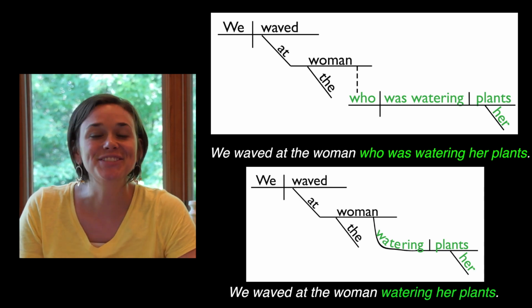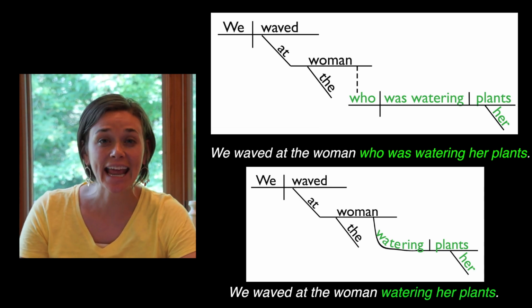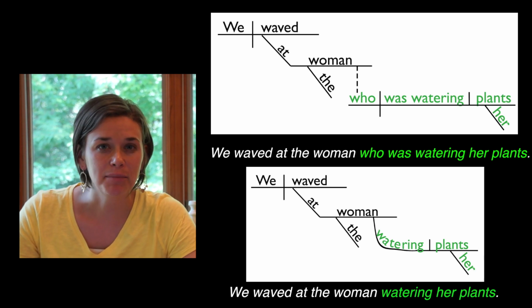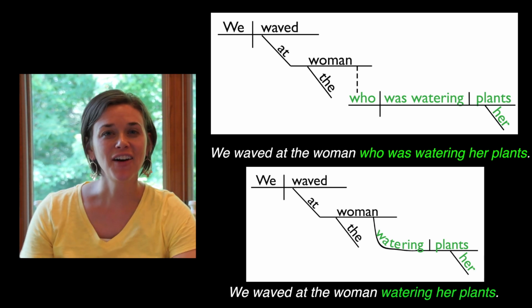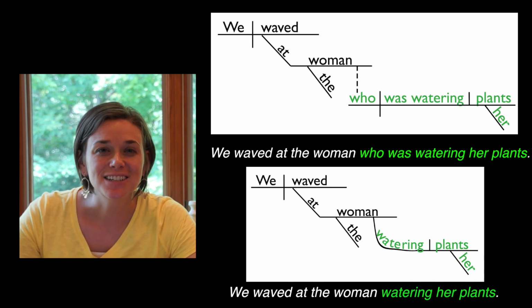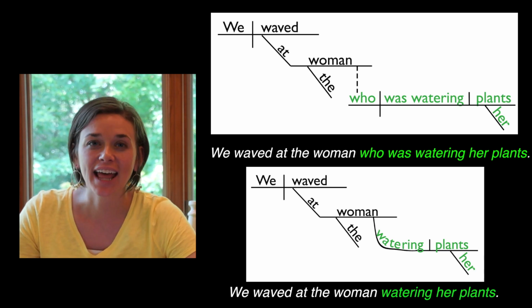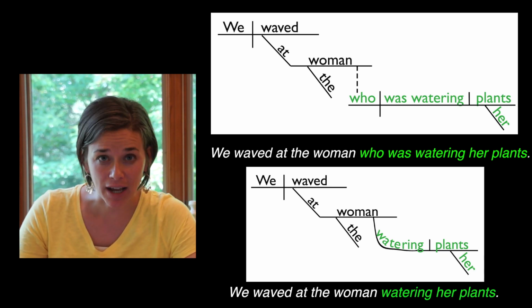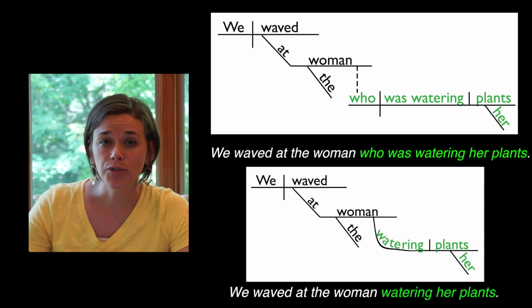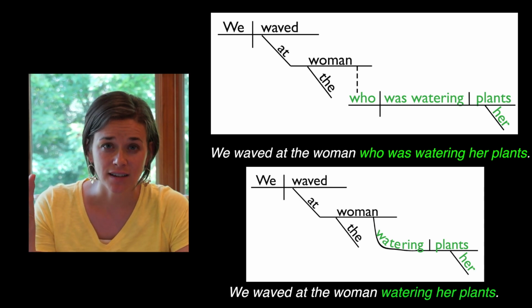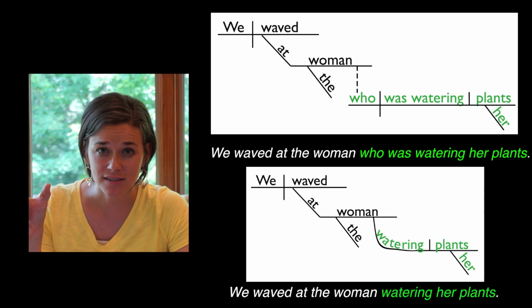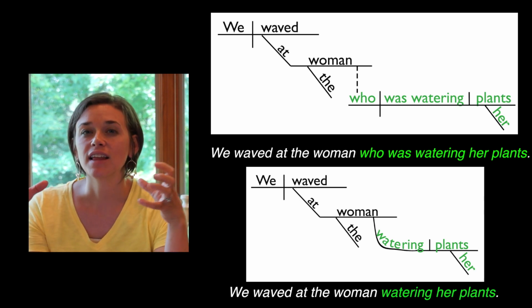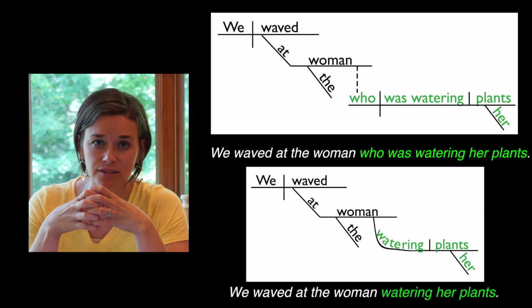Now, do you know or remember the name for things that describe nouns? They are adjectives. Adjectives are one of the 8 parts of speech, and they modify or describe nouns and pronouns. Both who was watering her plants and watering her plants are coming together and acting as single units.